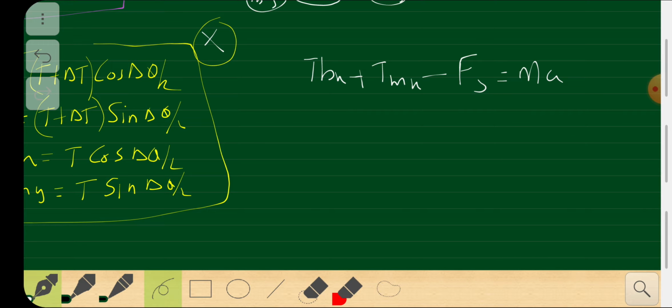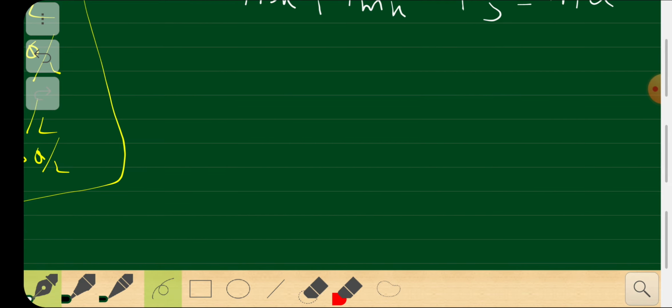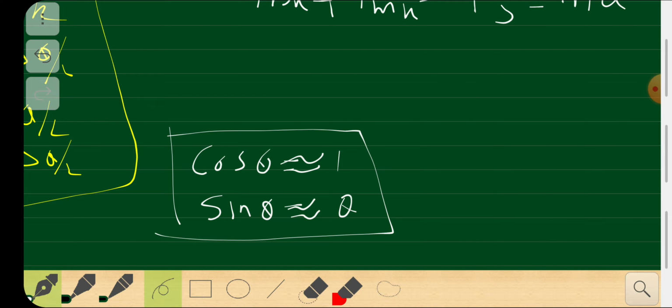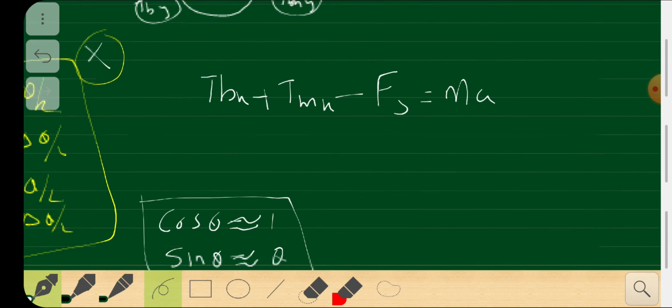Now one more simple thing. Remember that we have done the small angle approximation. So cos theta for small theta values will be approximately equal to 1, and sine theta for small values of theta will be approximately equal to theta, right? So these are the two things we have done earlier, and I'm going to use the benefit of that here.